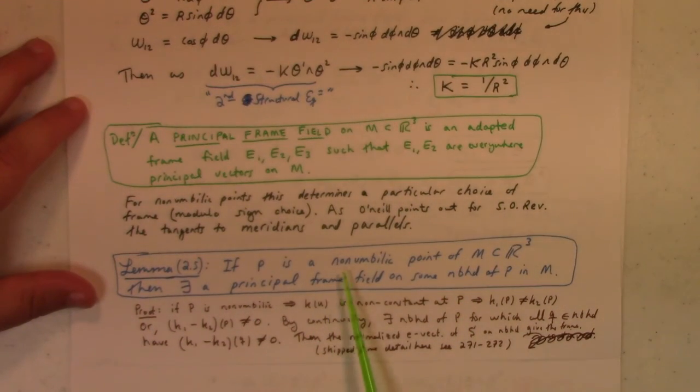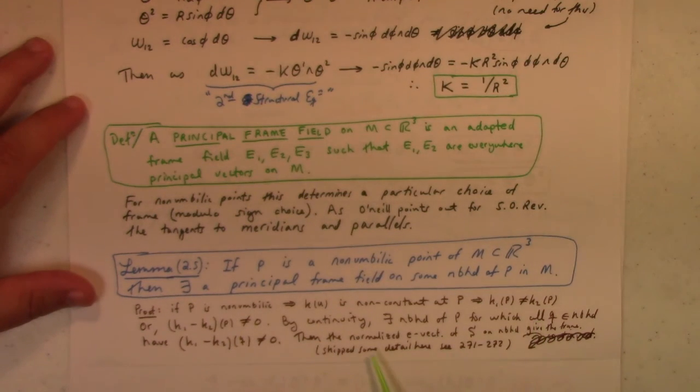Lemma 2.5. If P is a non-umbilic point of a surface M, then there exists a principal frame field on some neighborhood of P in M. The argument goes something like this. If P is non-umbilic, that means, of course, k of u is non-constant at P, right? Which means that the principal curvatures are not equal, so the difference is non-zero, but by continuity there has to be some neighborhood in which the principal curvatures are not equal.